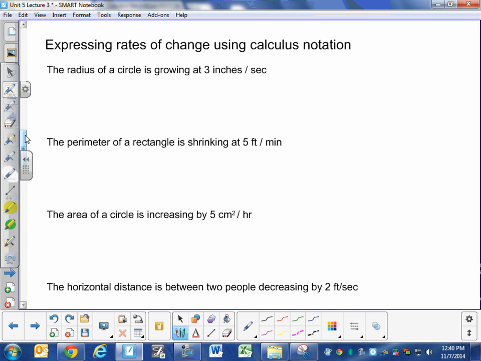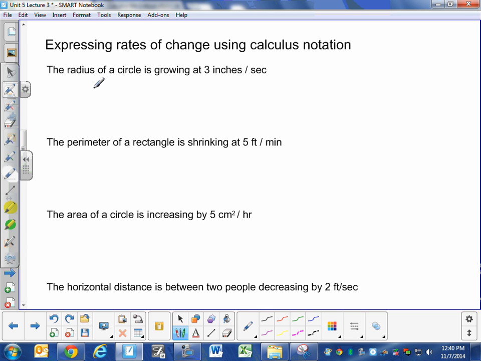Before we get into these problems, we need to be comfortable changing a statement of something growing or shrinking or increasing or decreasing into calculus notation. So we need to express rates of change using this notation. First example, the radius of a circle is growing at 3 inches per second.